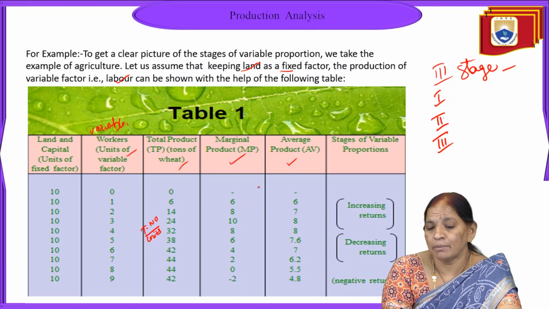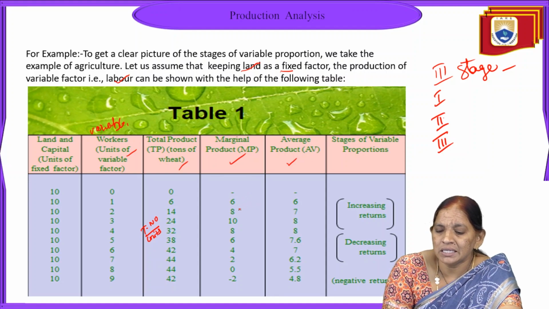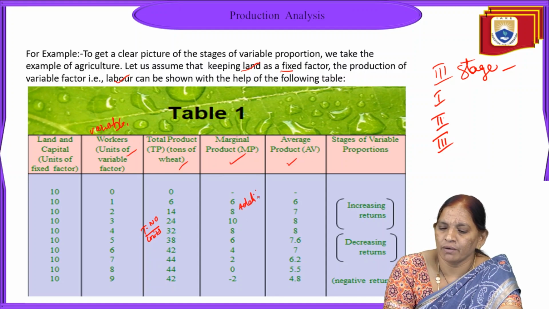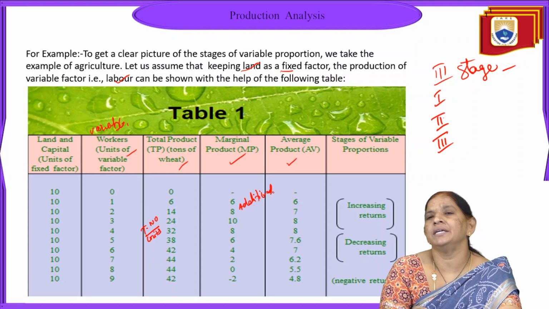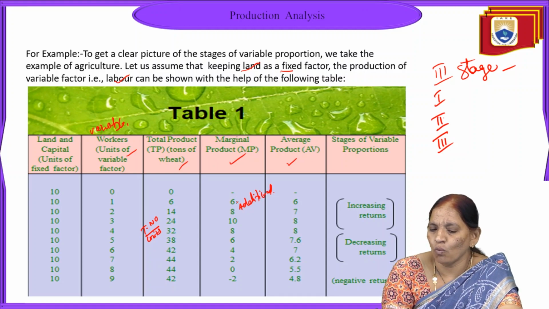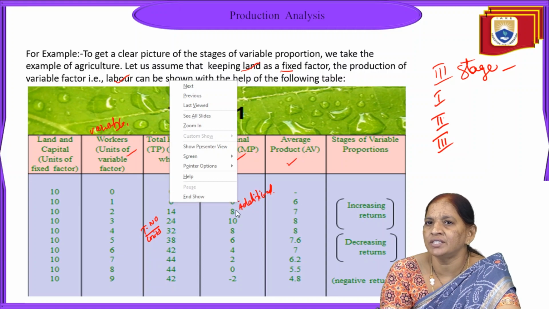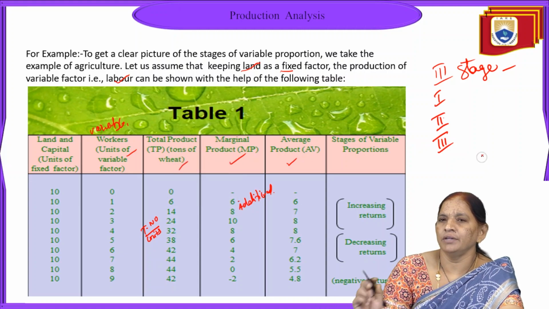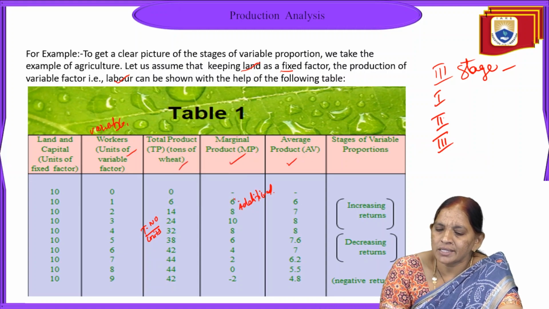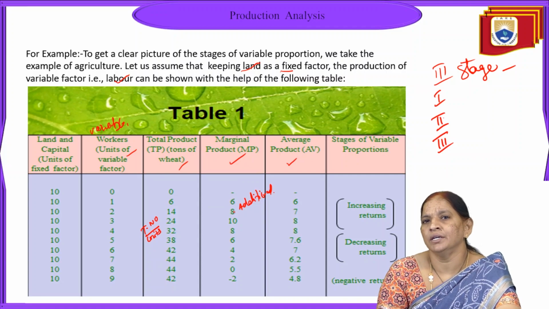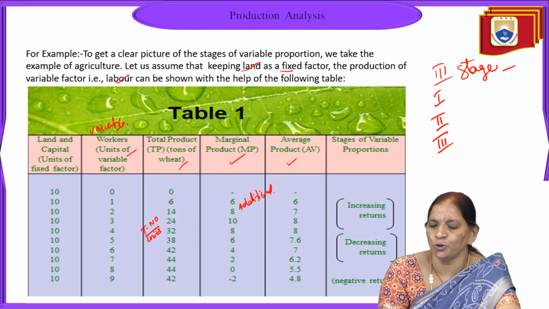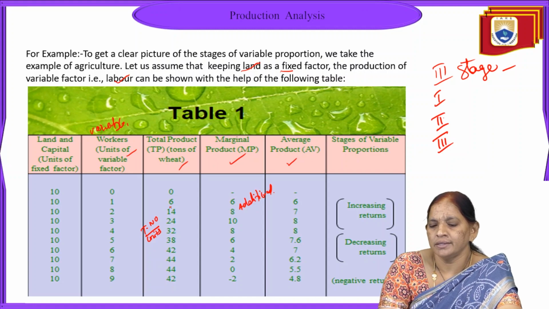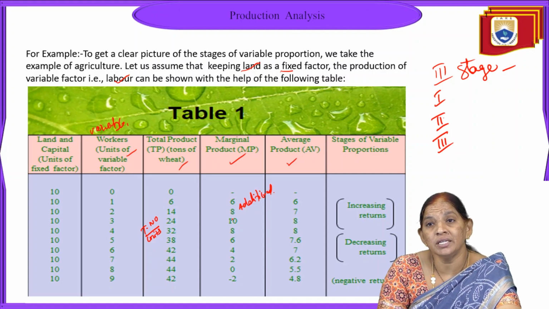Next, what is marginal production? That is the additional production, the difference between the last units produced and the next units produced. For example, 0 to 6, the additional is 6. 6 to 14, the additional is 8.